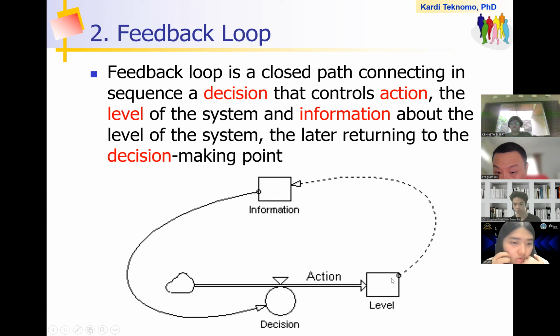The diagram of the level, the state, is a box like this. The change is basically the decision or action, and you draw it as a rate. This is the symbol. Information itself is actually a level, so you can draw it like this. The reason we have dots here is because from a level you cannot go directly to another level.